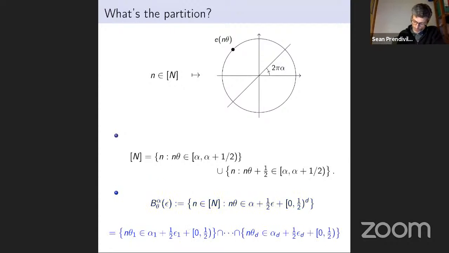Okay, so just to emphasize that each set of this form, the theta, alpha, epsilon, it's like the intersection of d copies of sets of this form or this form. So you choose which of these two parts in your first slice you're doing, and you do that for d copies of the unit circle. Okay, so these are the structured sets we're going to project down onto.